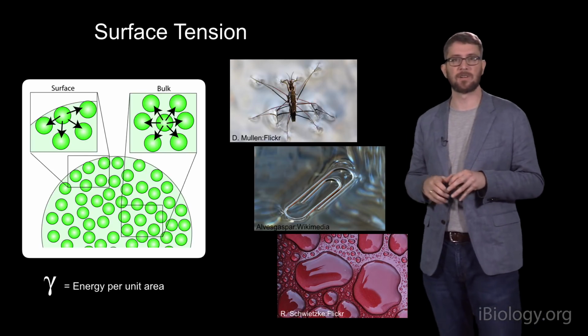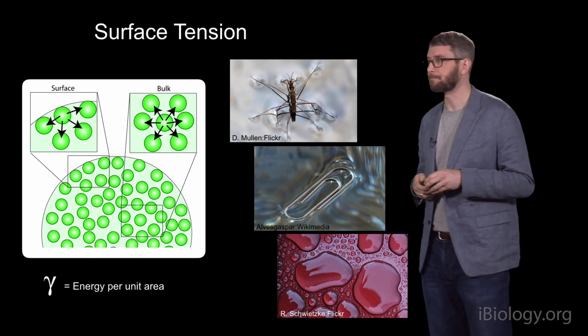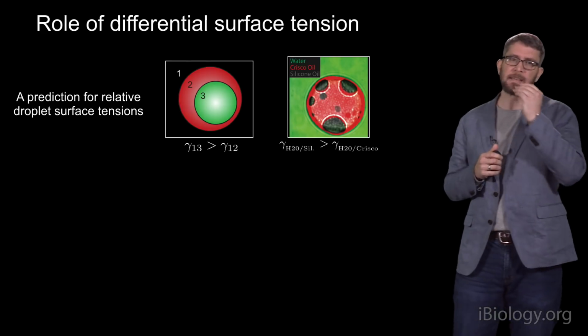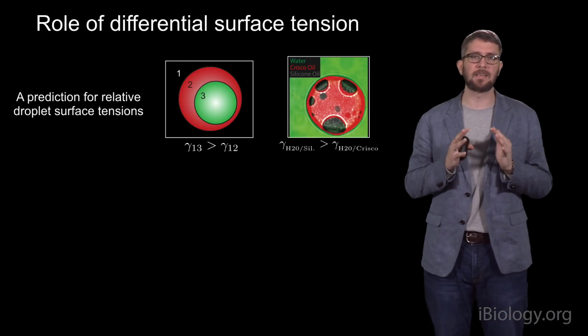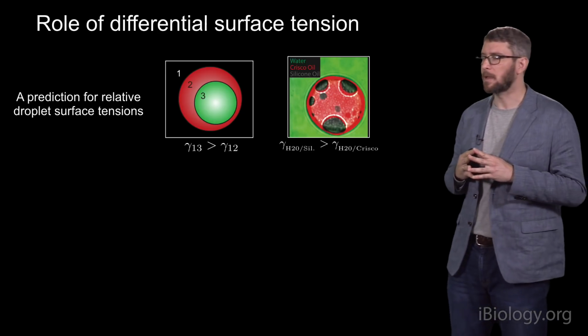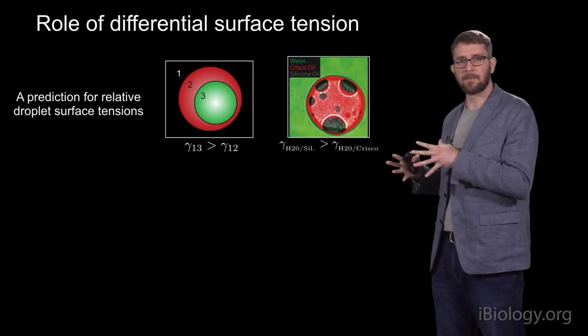Those are all surface tension effects, the energy of interfaces between different phases. And it turns out that surface tension is really well known to be key in structuring multi-phase liquids.